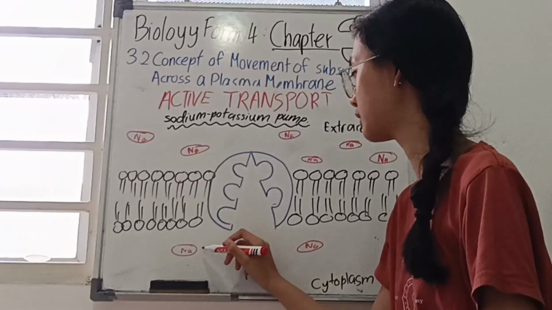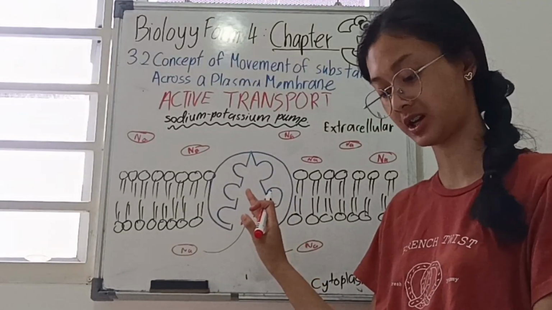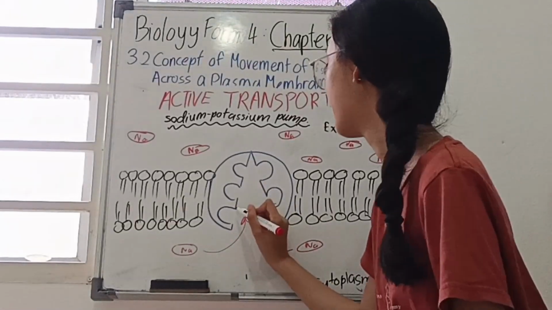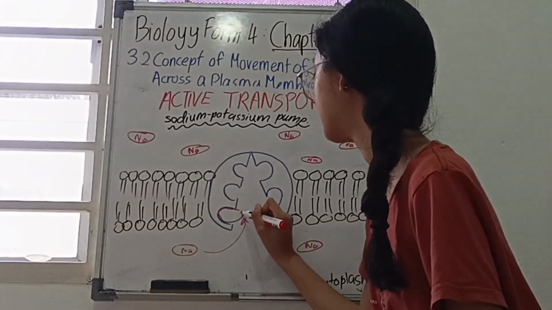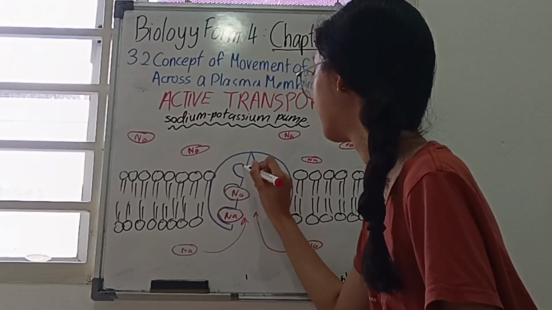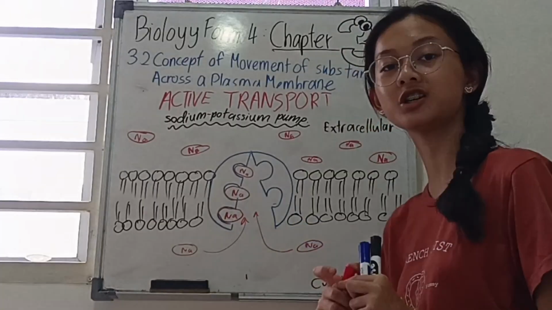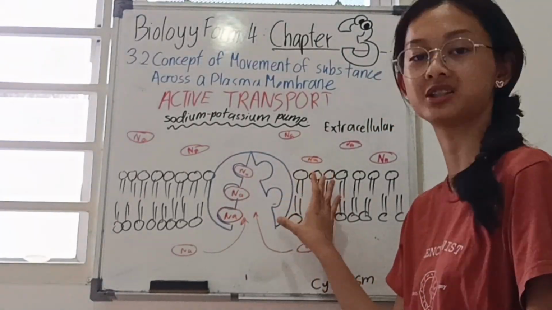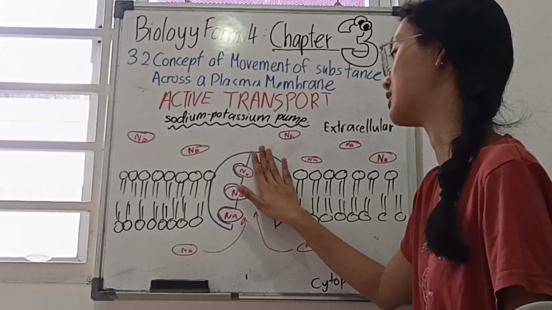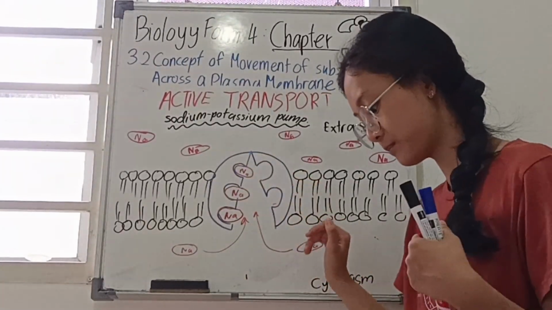The sodium will go to the protein, and then attach itself here. Usually the sodium part has 3 and the potassium has 2. This is potassium, so we don't care about this first. The sodium will go parking there.